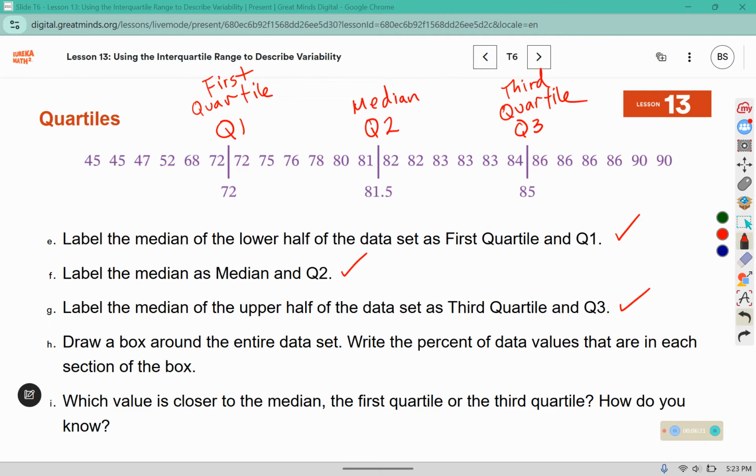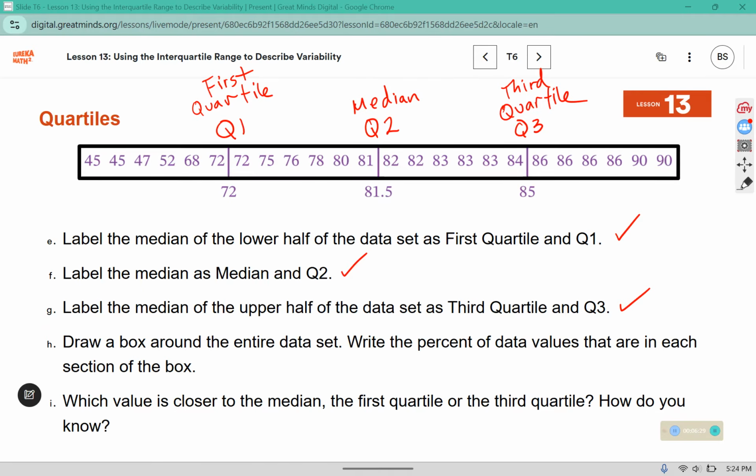Draw a box around the entire data set. Write the percent of data values that are in each section of the box. We said each one made up a quarter or 25%. So we're going to write 25% for each box.